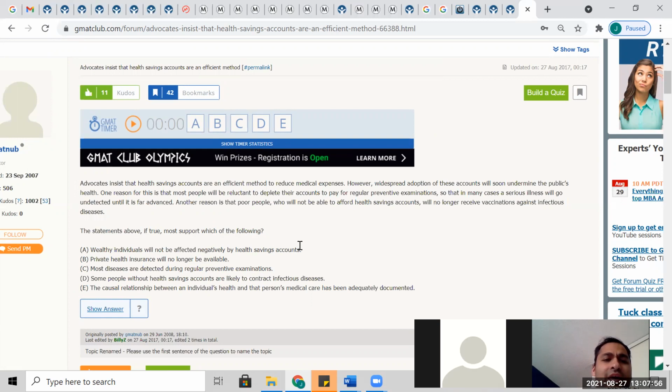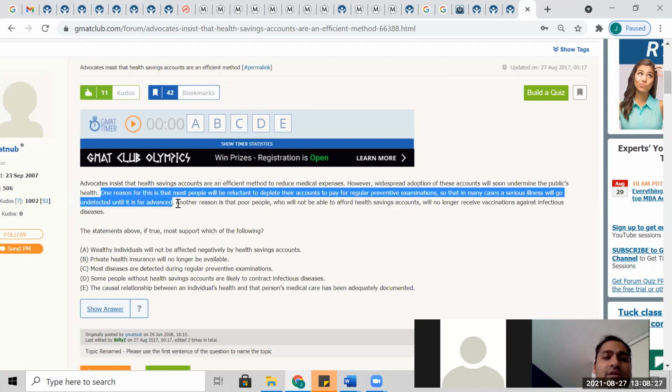A, I thought, was definitely wrong though, because this is talking about most people being reluctant. The last sentence says poor people, some of them will not be able to get health savings accounts, but there may be some poor people who do get it. Certainly middle class will get it, and I guess even the rich will get it.